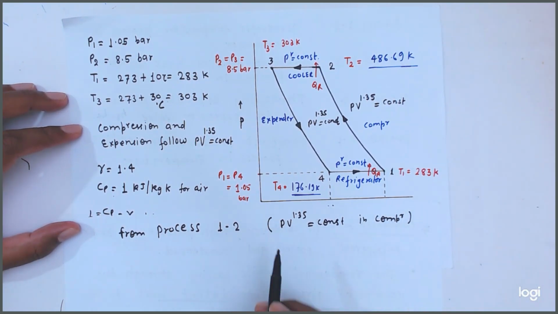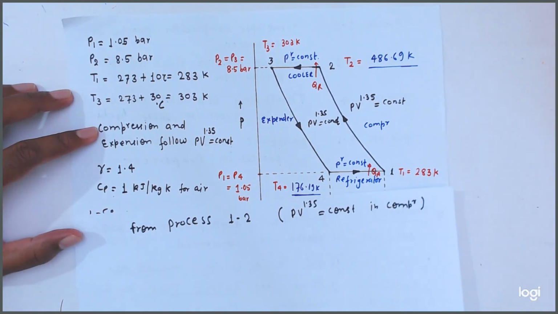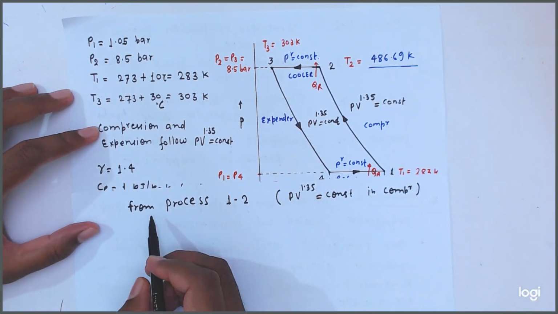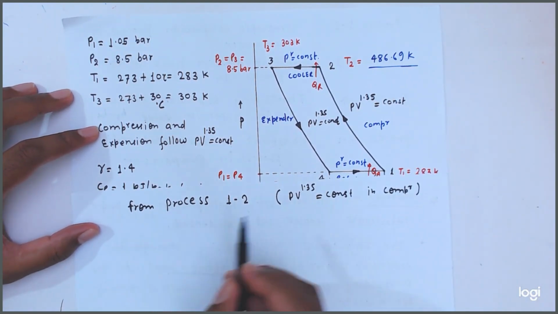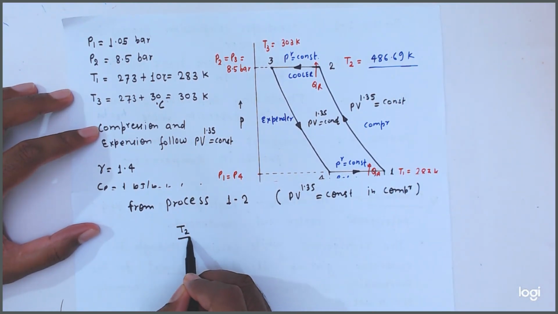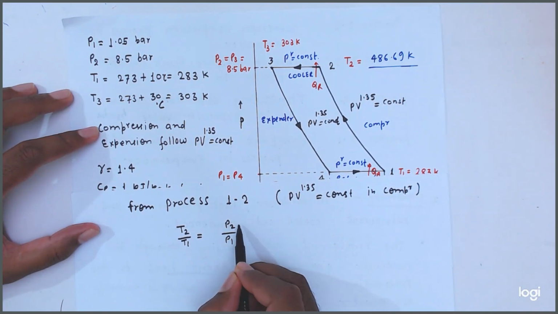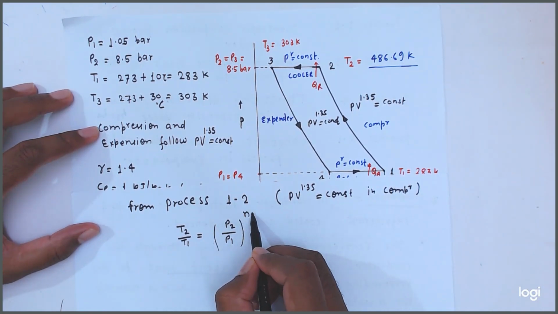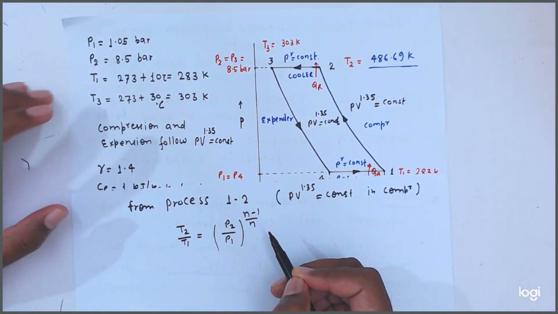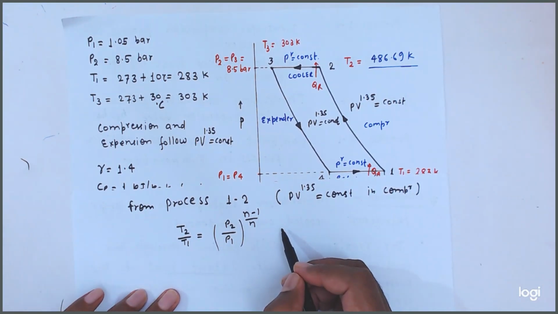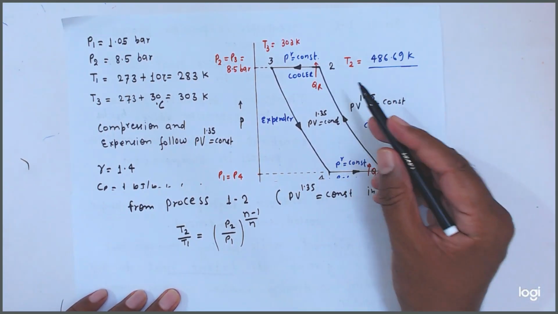Okay, friends. So we know that friends, the relation between T2 by T1 equal to P2 by P1 to the power n minus 1 upon n, from the thermodynamic relation of the polytropic process.